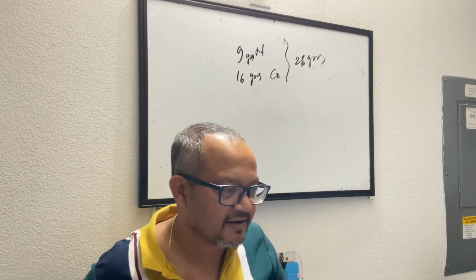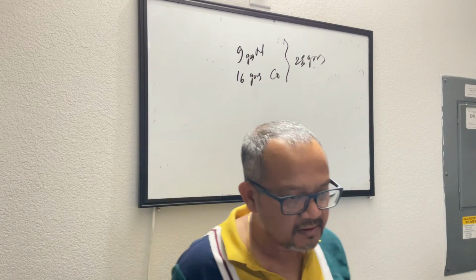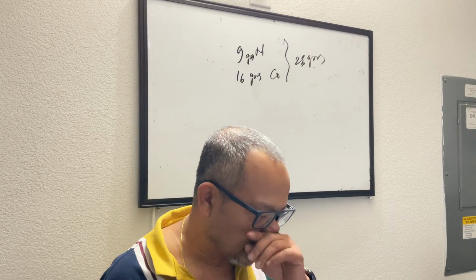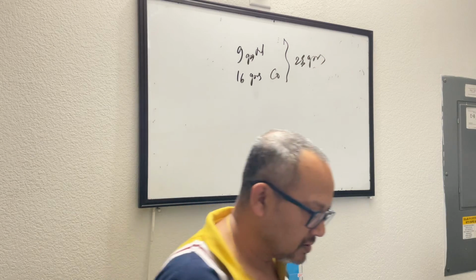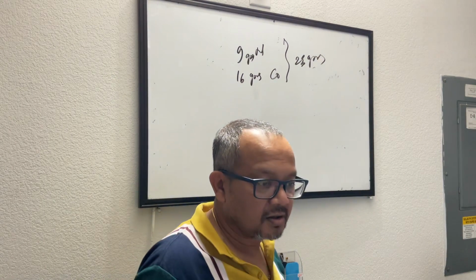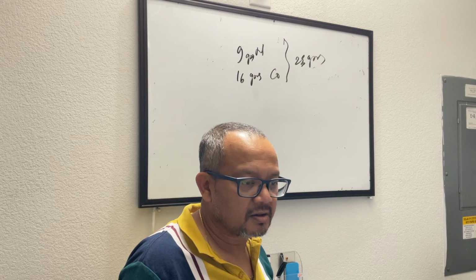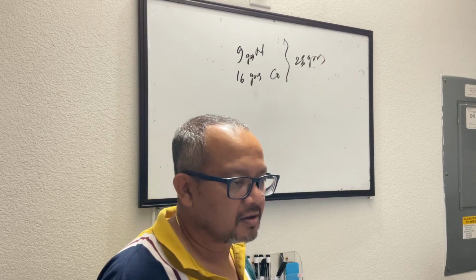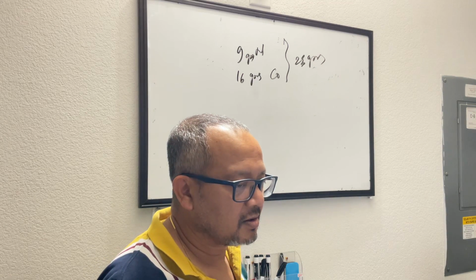So, I basically rounded it because I added 9 and 16, which gives me 25 grams in total. And then 25 can be split 5 ways. So I split that, and I also split 105 ways, which will be 20.